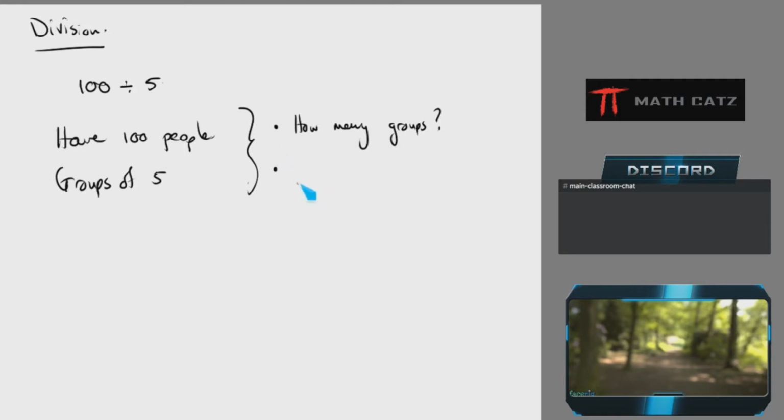But I can phrase it in a different way. I can say, how many times can 5 fit into 100? I have these groups of 5. How many times will I be able to fit a group into the 100? That's exactly the same.